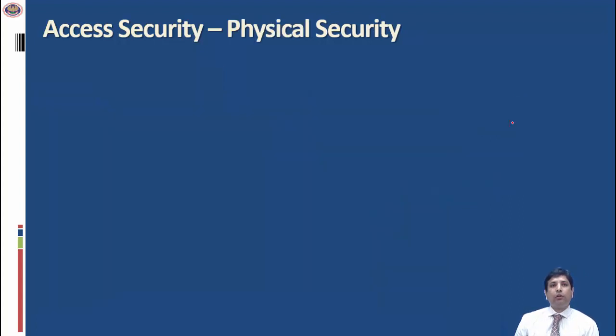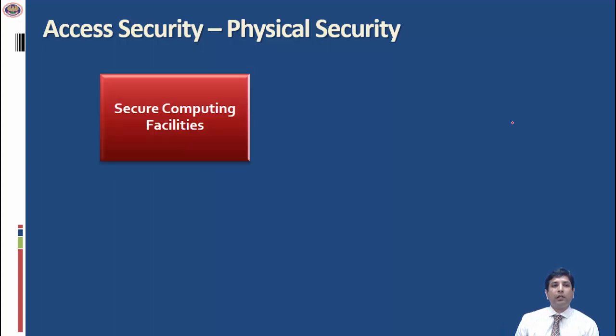So as we go to the outermost layer of the security, which is the physical security, we look at controls of how physical systems, physical servers, physical infrastructure is being protected from unauthorized access.